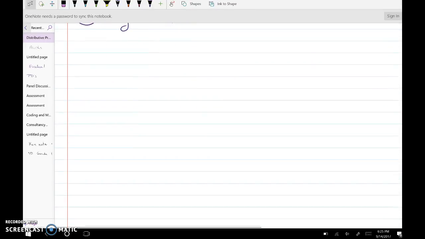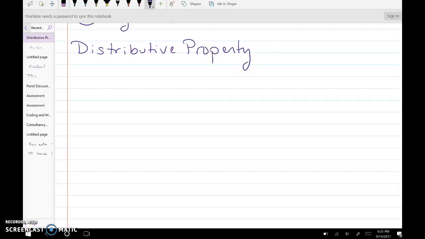Now, we also saw the distributive property with fractions. We did this today in class. I'm going to put 2 problems here for you to work on.